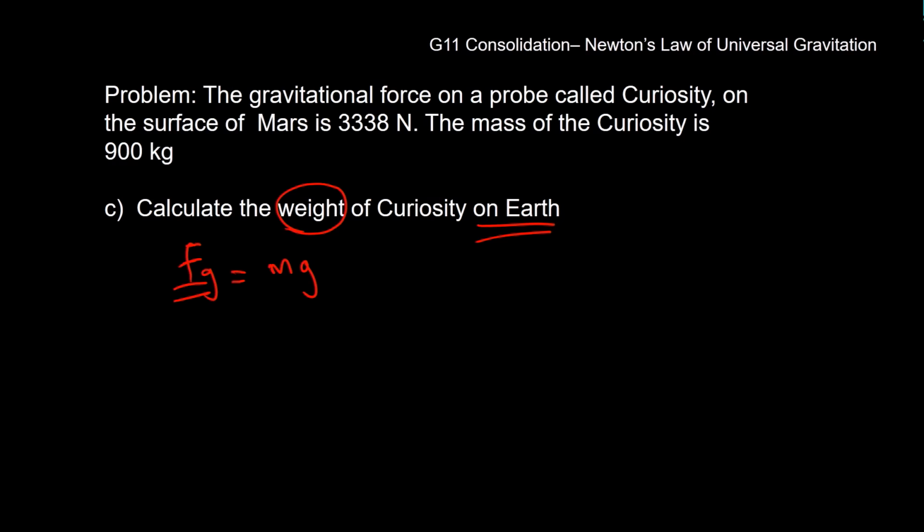It's the force with which the Earth attracts a body towards its center. The mass of Curiosity is 900. The gravitational acceleration on Earth is 9.8 meters per second squared. And that's a simple calculation. And we end up with an answer of 8,820 newtons.